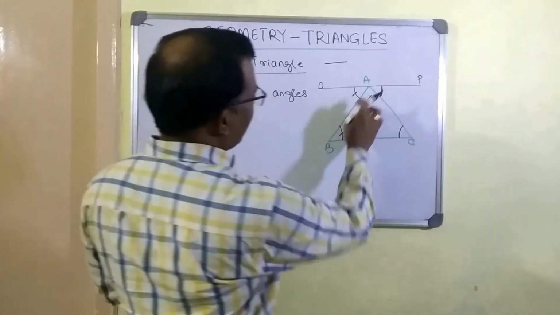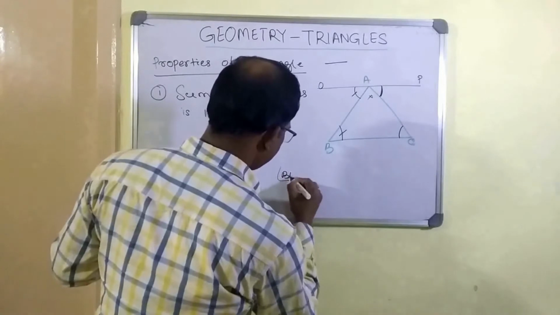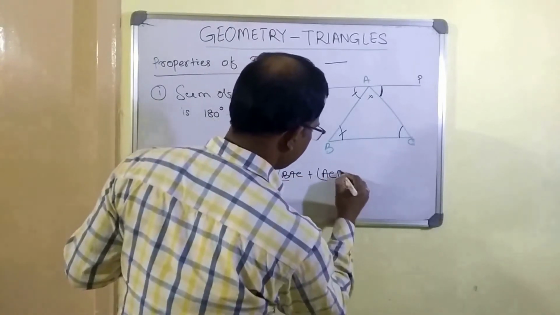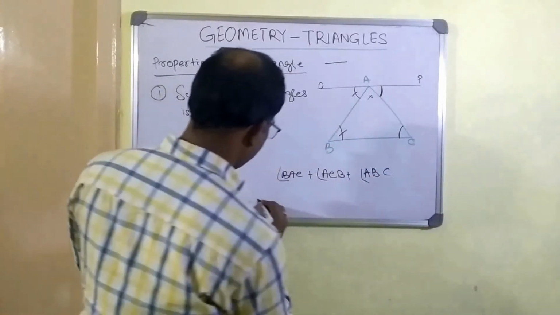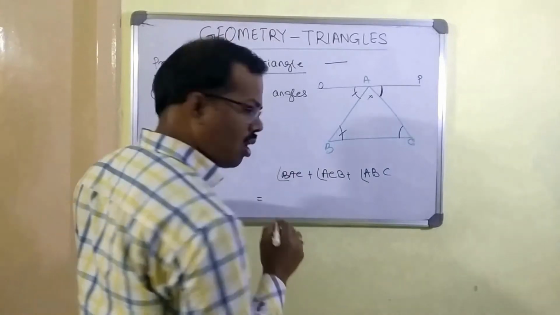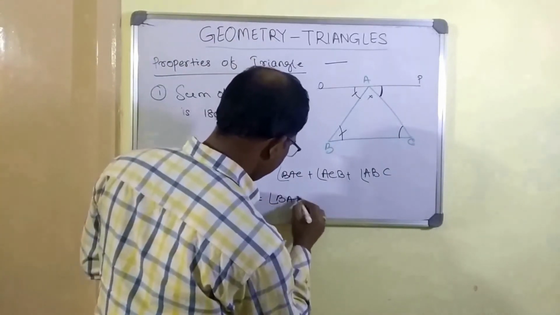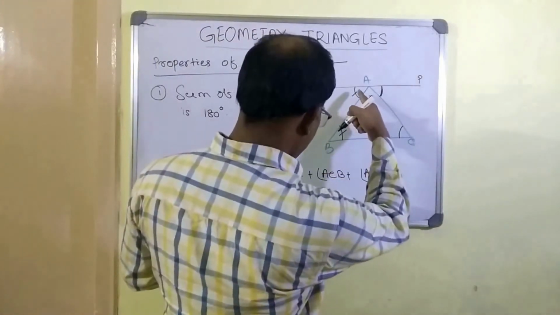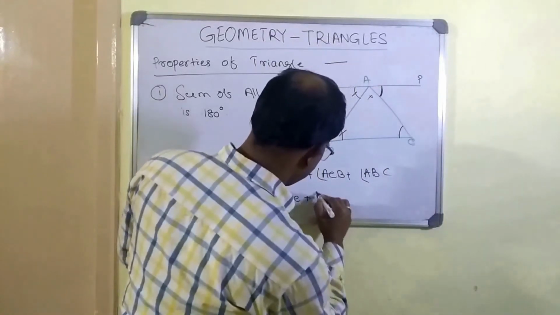So the sum of all the angles in the triangle is angle BAC plus angle ACB plus angle ABC. These are the three angles that we are talking about. Now I am going to keep angle BAC the same, plus instead of ACB, I am going to write PAC.